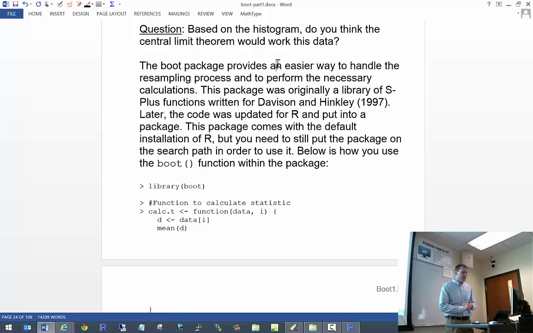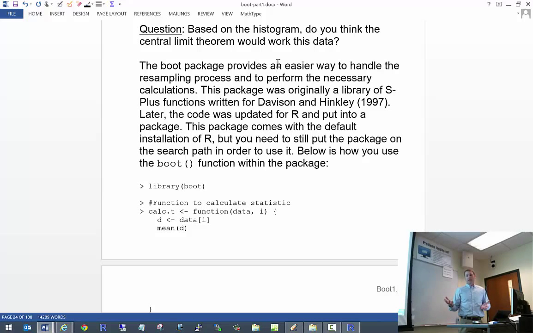Now very often you can do some of these calculations more easily using what's called a boot function in the boot package. I briefly mentioned this package before. This is a package of a whole bunch of R functions that make your lives easier with respect to the bootstrap. It was written originally in S+, for the Davison and Hinkley textbook.